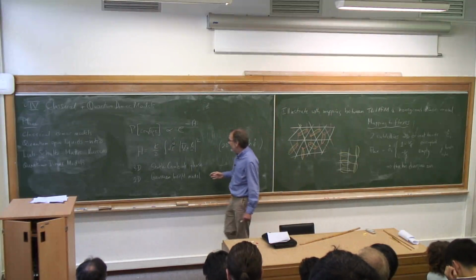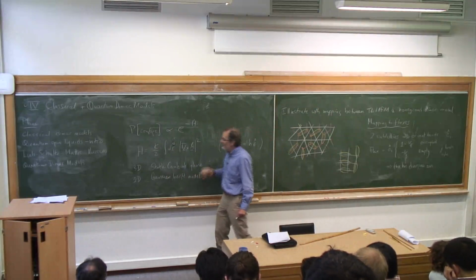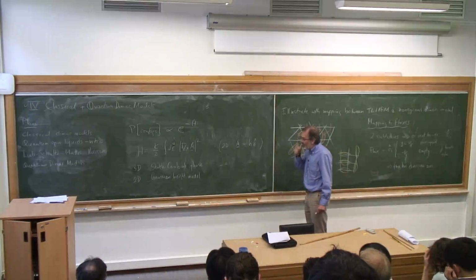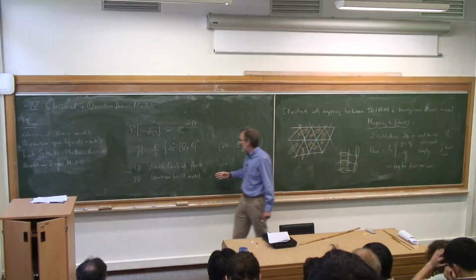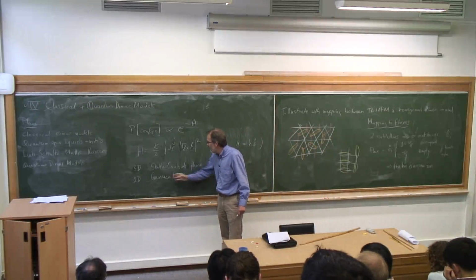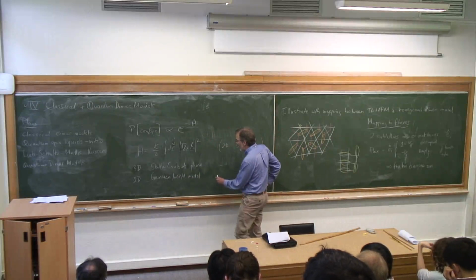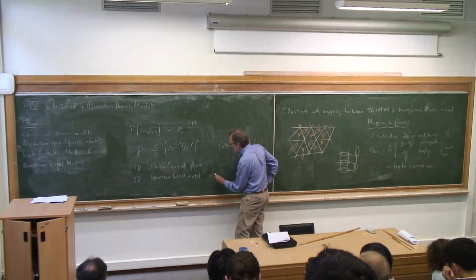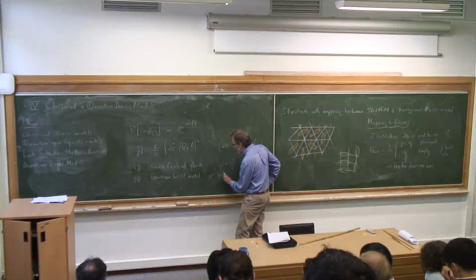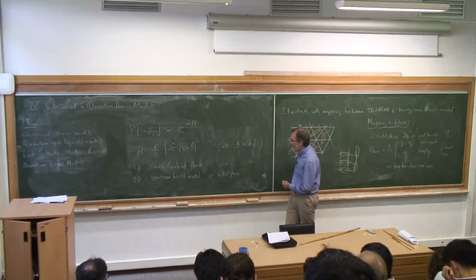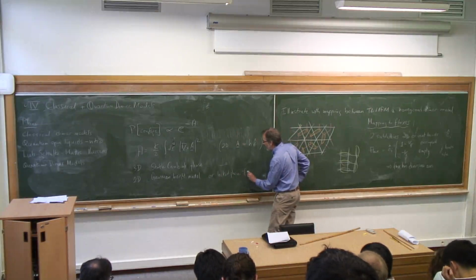So if the locking terms, as these cosines are called, are irrelevant, then we simply have this Gaussian height model, or we can be in a locked phase if the cosine terms are relevant.